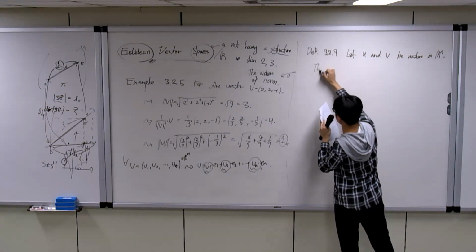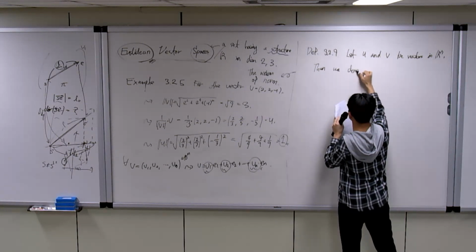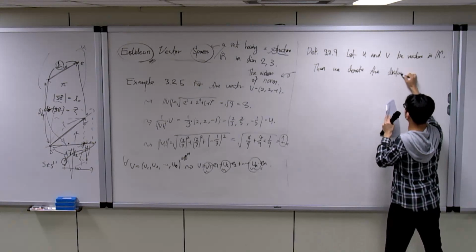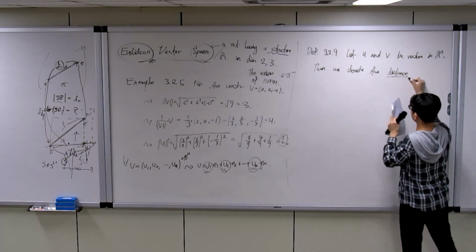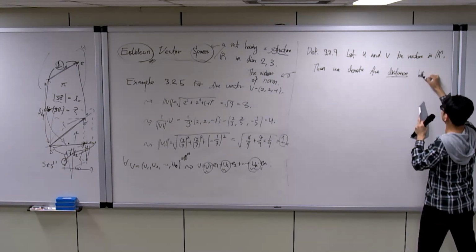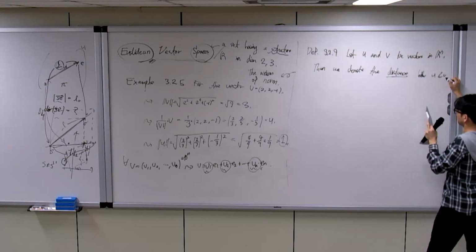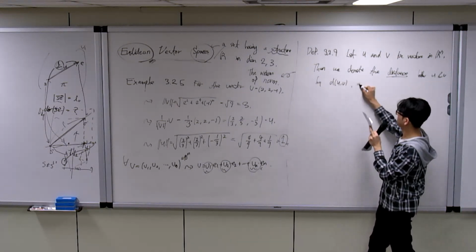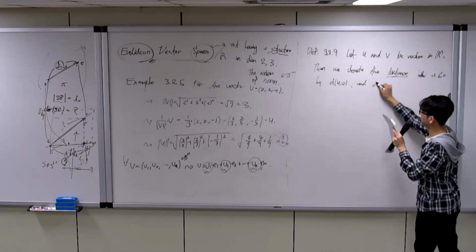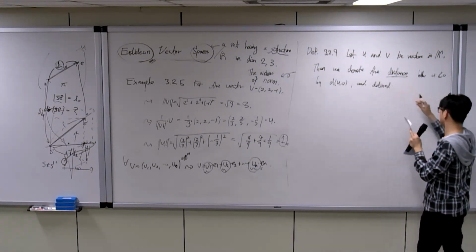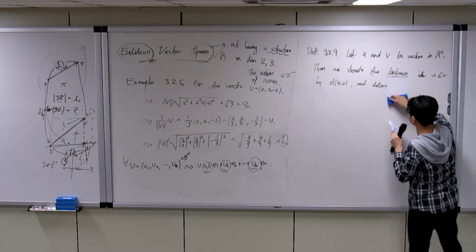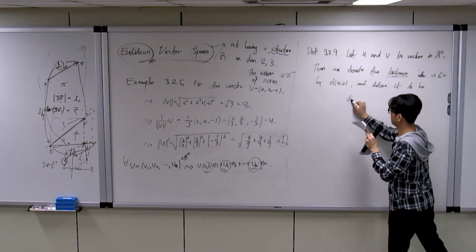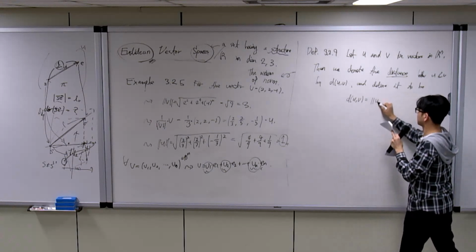Then we denote the distance between u and v by d(u,v), and we define the distance as the norm of u minus v.